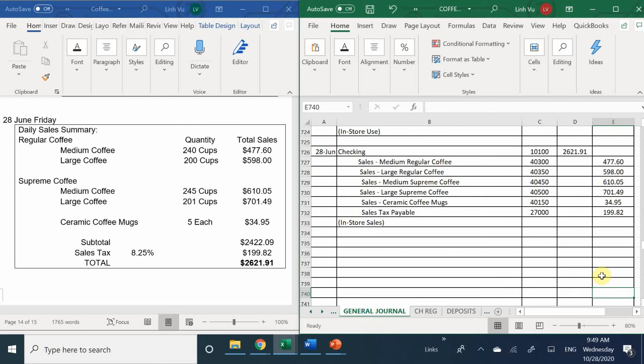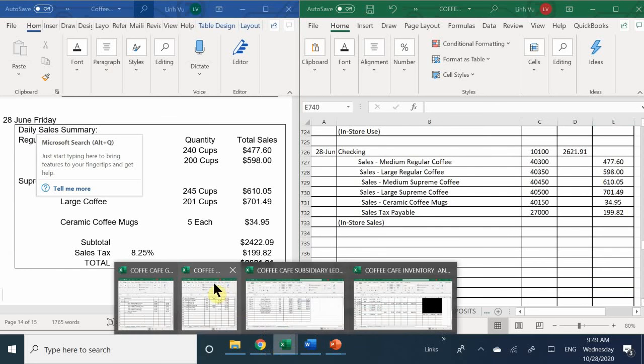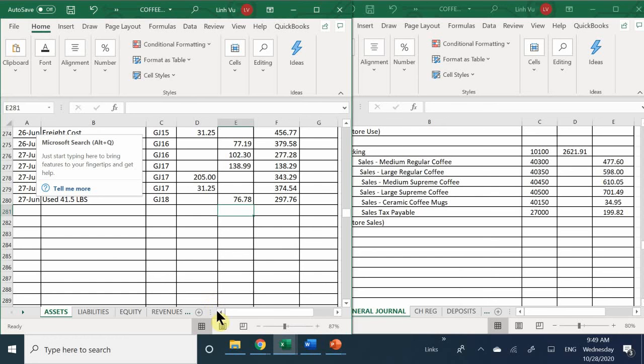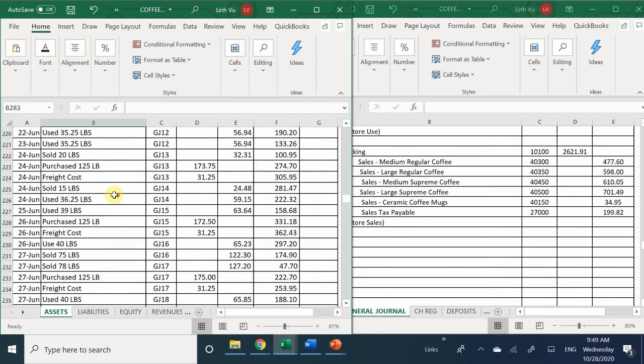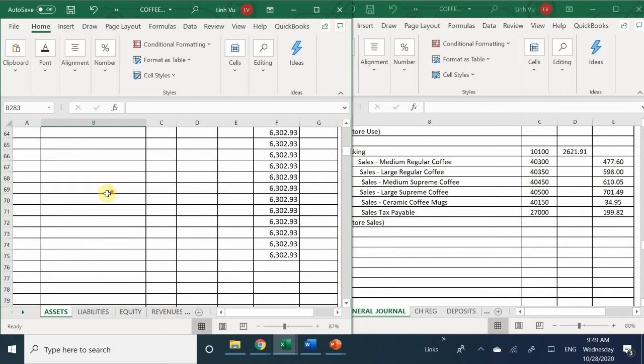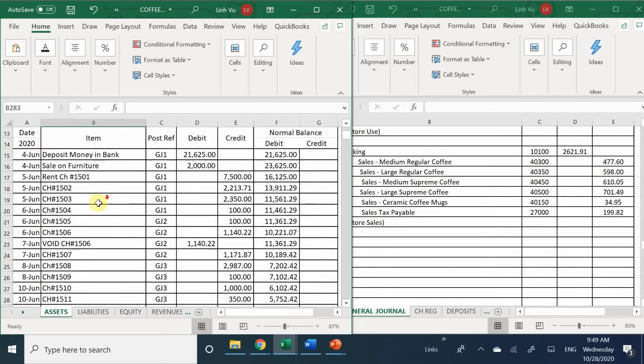And then the next step we do is go through our ledger. We're going to go ahead and complete our ledger. So we go to the assets and we're going to go to checking. Then we're going to put sales, 28.